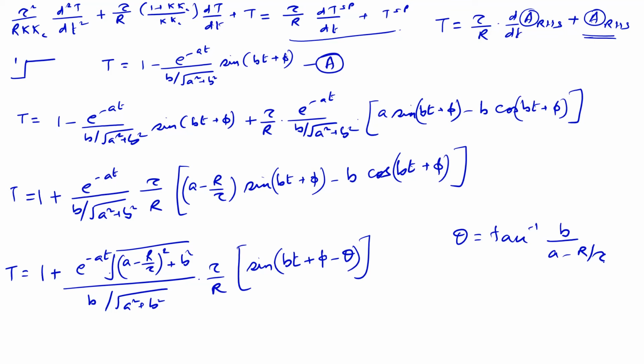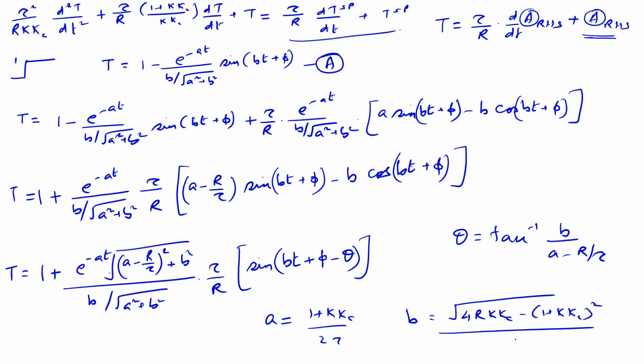And now if you plug in the values of a and b, so if you plug in a equal to 1 plus kkc by 2 tau and b is equal to square root of 4r kkc minus 1 plus kkc whole square divided by 2 tau, then hopefully, after doing the necessary algebra, you will get the result. I'll leave it for you guys to do.